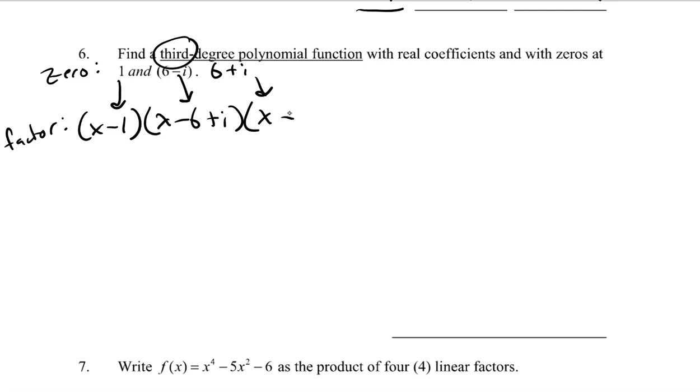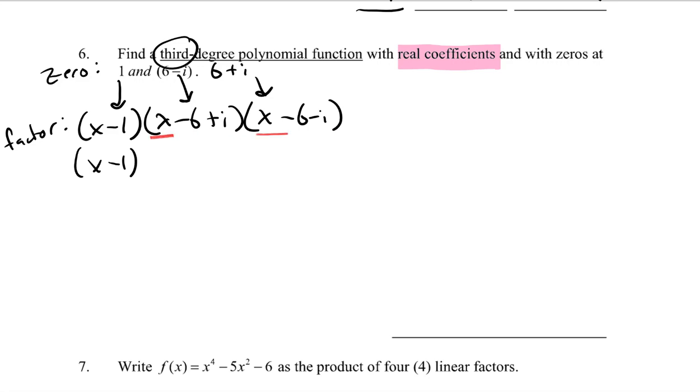So x minus this, distribute your negative. And then this should be the one that gives us what we want. But when it says real coefficients, these are factors. We don't have any coefficients yet. So we have to multiply this mess together. I would recommend multiplying these two together first.